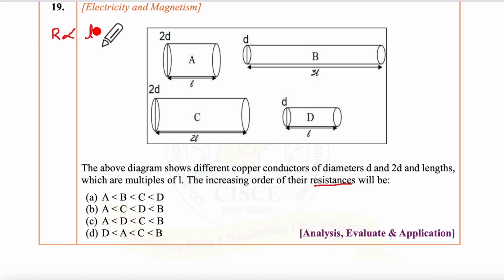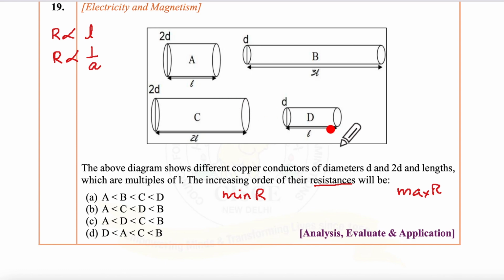Resistance of a metal is directly proportional to the length, and inversely proportional to the area of cross section. If I want increasing order of resistance, I have to start with minimum resistance and end with maximum resistance. Now, if I want minimum resistance, I should have minimum length and maximum area.